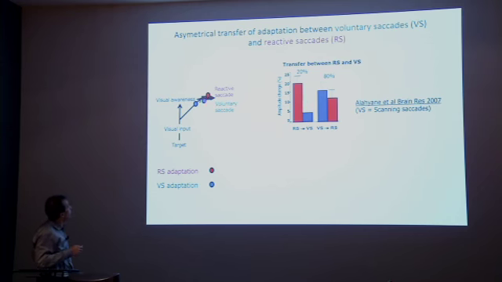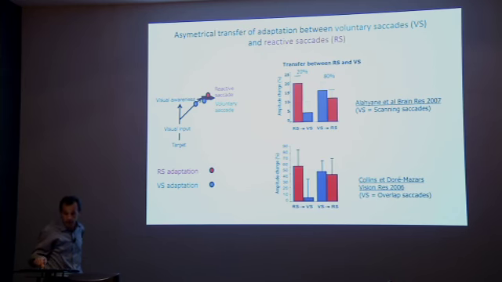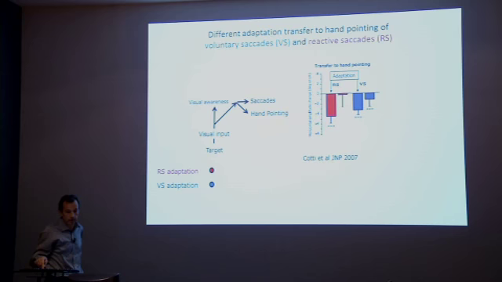Very similar sites in the downstream motor pathway. But for voluntary saccades, we suppose that there was an additional site which is located more centrally, more distal from the motor output. And this kind of a diversion was reproduced in a different lab, in a Paris lab, at about the same time.